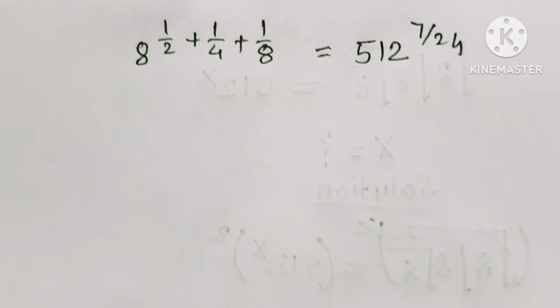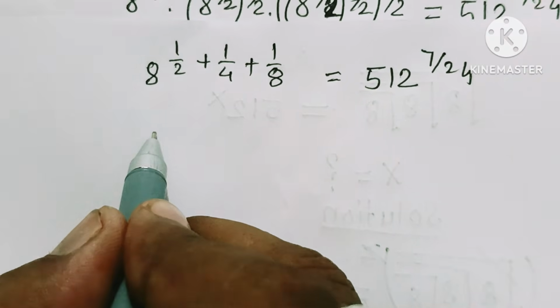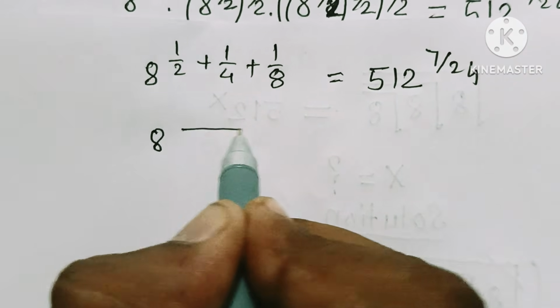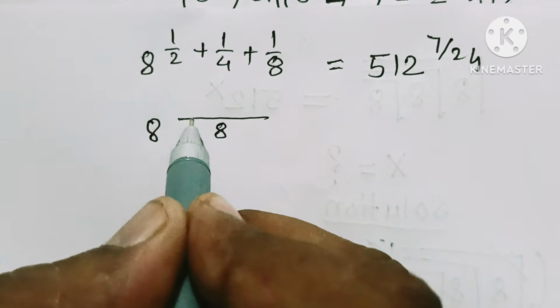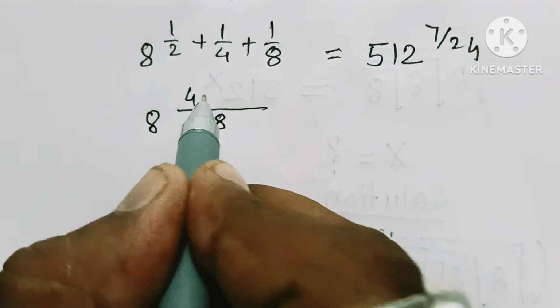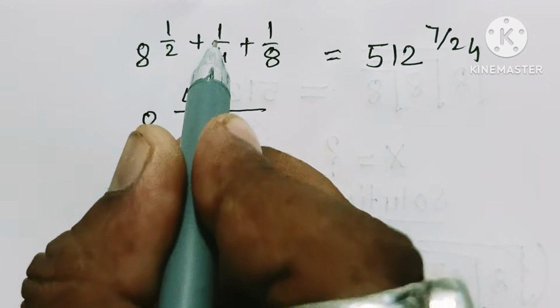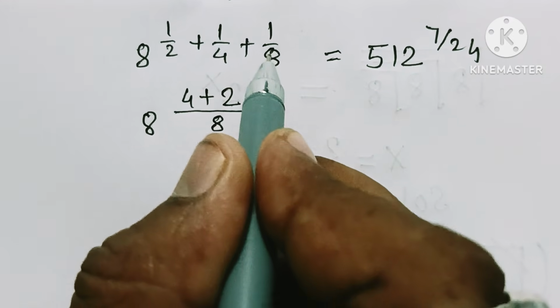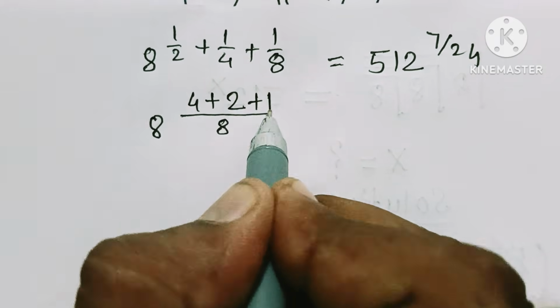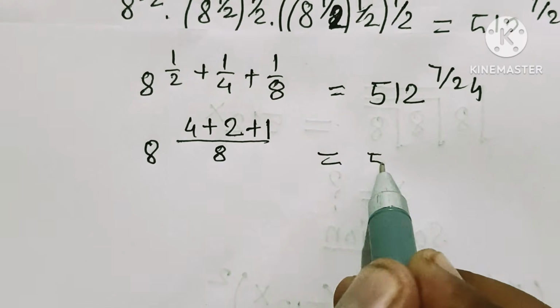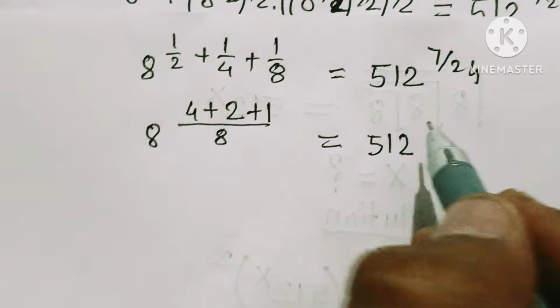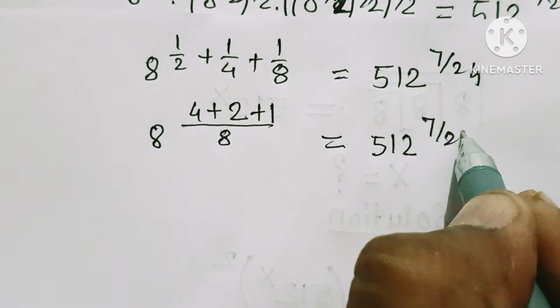Now here 8 raised to power, we will take the LCM, which is 8. 2 fours are 8, so 2 into 4 into 1, that is 4, plus 4 twos are 8, so 2 into 1, that is 2, 8 ones are 8, so here plus 1, equal to 512 raised to the power 7 by 24.